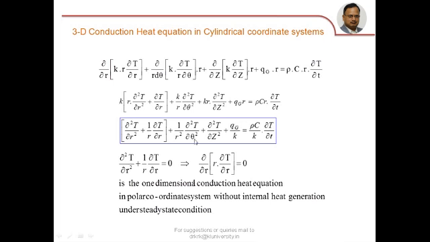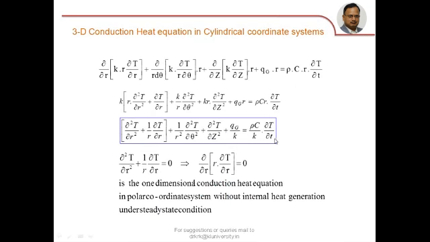For one-dimensional, only the radial direction, neglecting heat in the theta and z directions, these two terms also vanish. You will get ultimately ∂²T by ∂r² plus 1 by r ∂T by ∂r equal to 0. This can be written as ∂/∂r of r ∂T by ∂r equal to 0. This is the one-dimensional conduction equation in the polar coordinate system without internal heat generation under steady state condition.